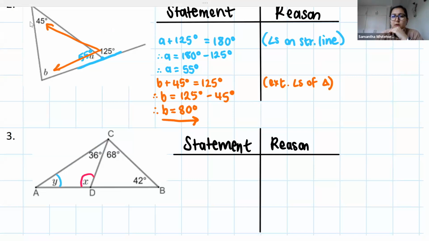In the chat, so X equals, Y equals with those reasons. Remember, with reasons.